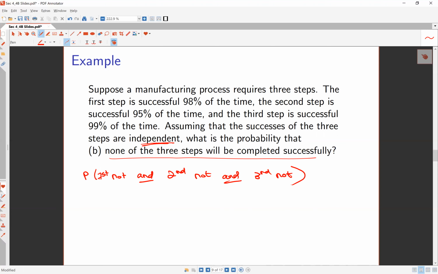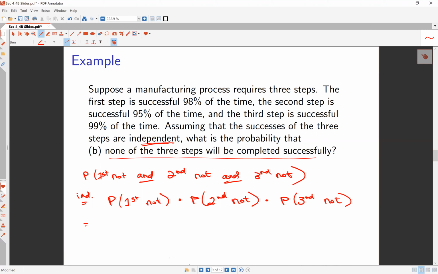But this is still AND statements. And because of independence, I can still change this to multiplication, except now I'm multiplying the probability that the first is not successful and the second is not successful and the third is not successful.